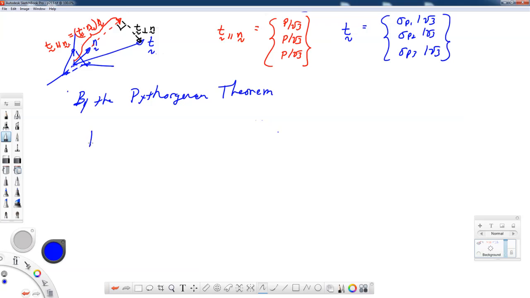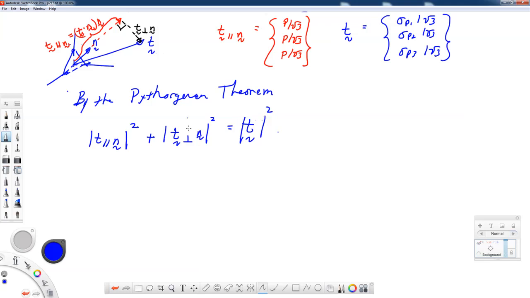The magnitude of T perpendicular to N squared plus the magnitude of T parallel to N squared would be equal to the magnitude of T squared.